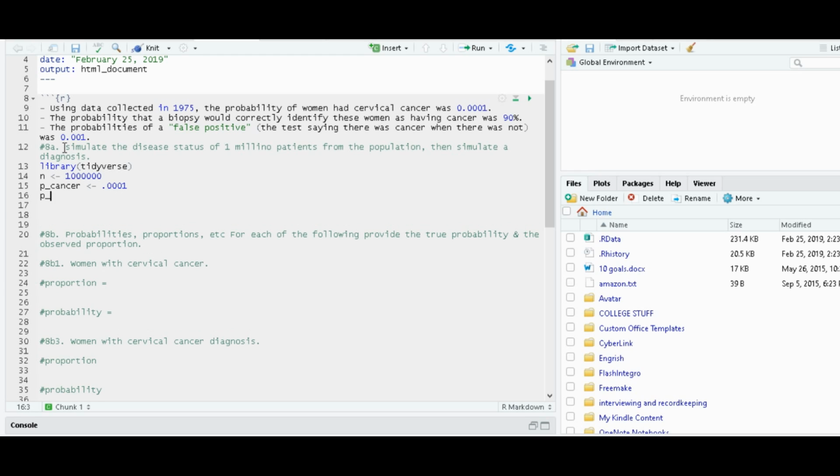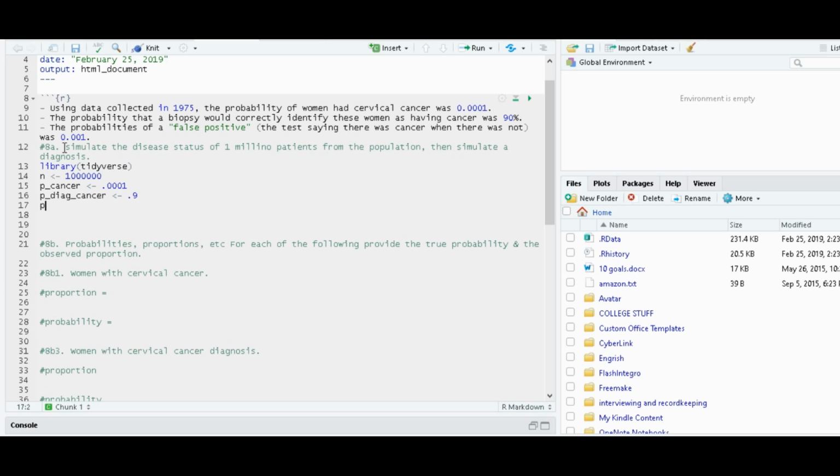We want the probability of getting diagnosed with cancer, if you have it. And that is 90%. And then the probability of a false positive, which is 1 in 1,000.